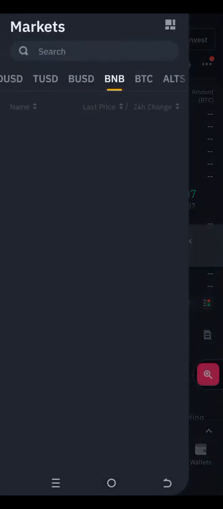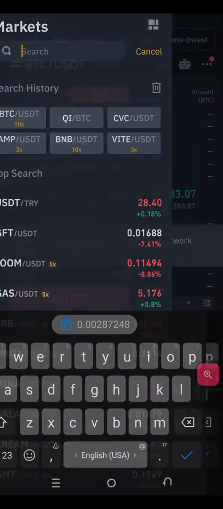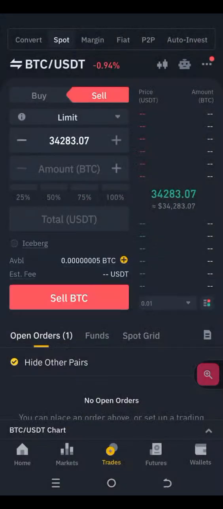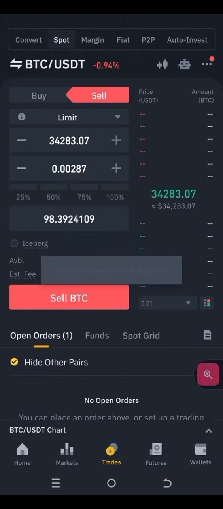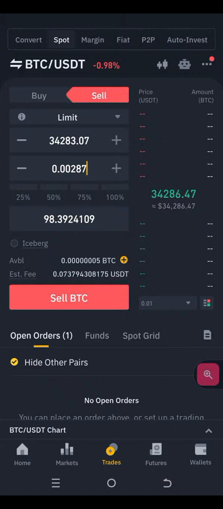Let's go to BTC USDT. All right. So if I put this in here, it already is a loss, like I showed you earlier, right? So now it's a loss because for us to get it really, really sold, you have to choose a lower price and quickly.